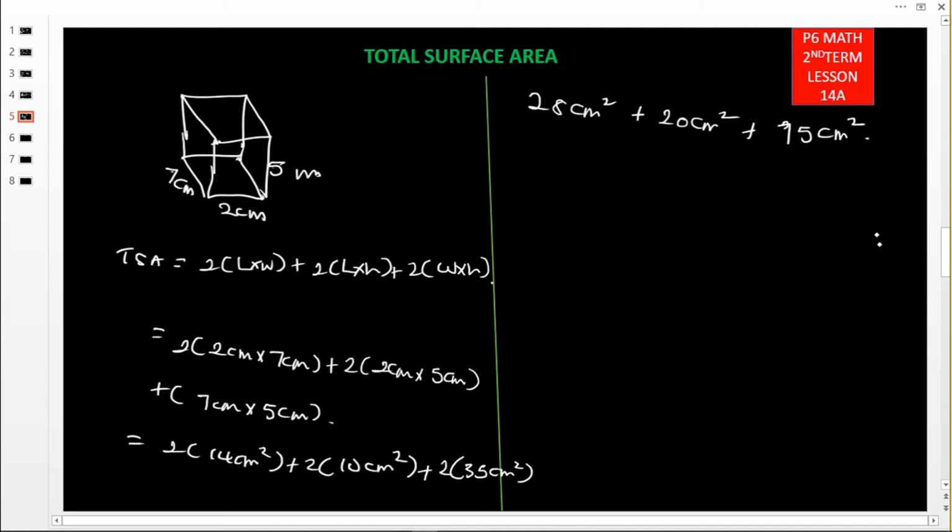So we are going to add up this one. Our surface area is going to be 28 plus 20 plus 75. So it's going to be 123 centimeters squared.